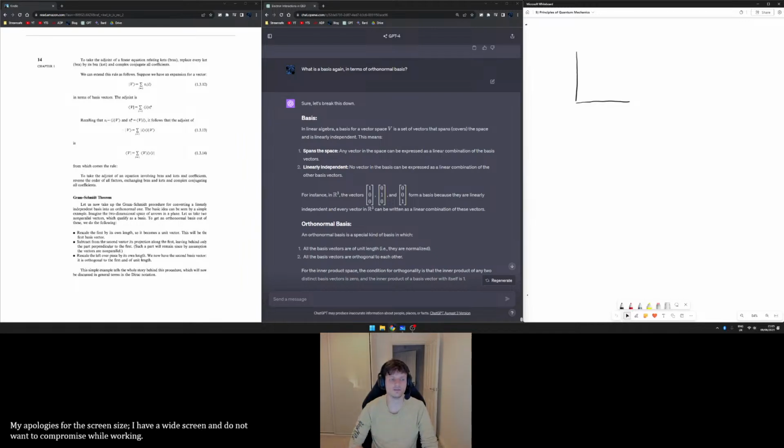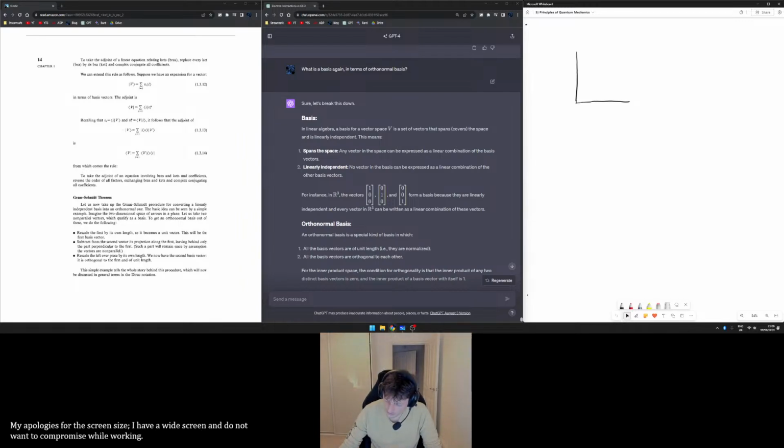Two non-parallel vectors which qualify as a basis. So if we remind ourselves again, it's when any two vectors can create a basis, but the basis vectors cannot create another vector.